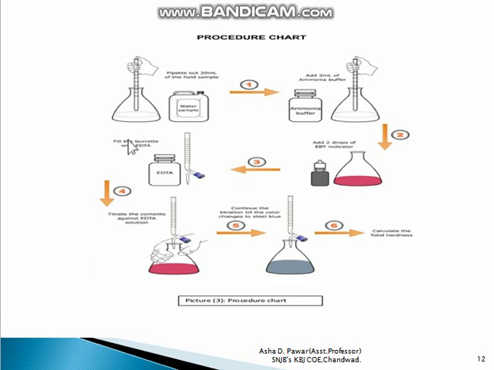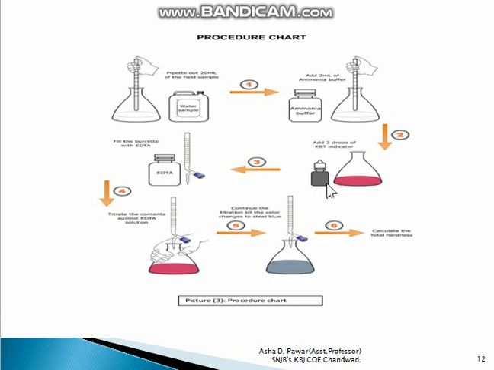Then part A, what is exactly the procedure? In a conical flask we take 25 ml or 100 ml of MgSO4 or ZnSO4. Then we add a buffer solution, 10 to 15 ml, and 2-3 drops of Eriochrome Black T indicator. Then this solution becomes pink red or wine red.